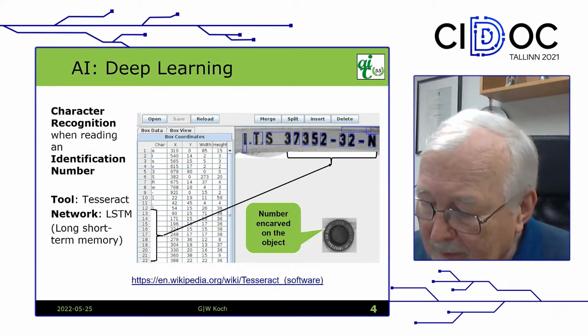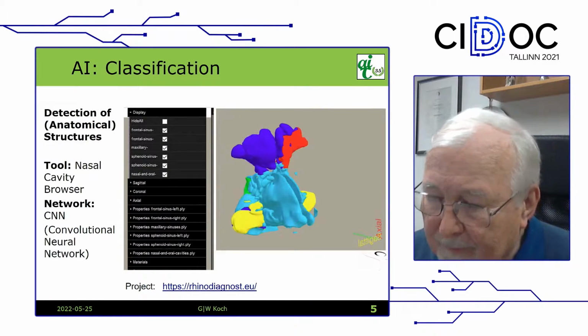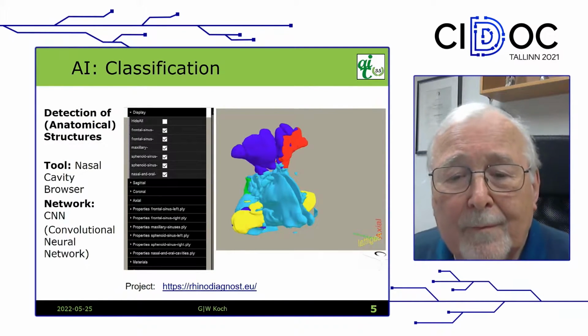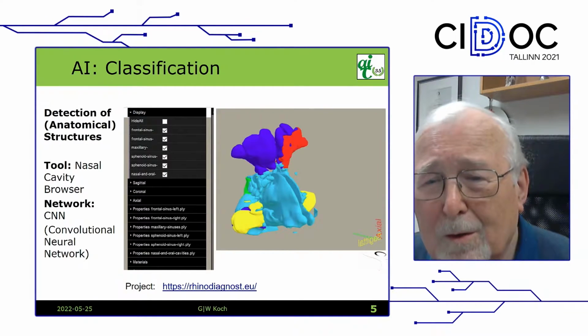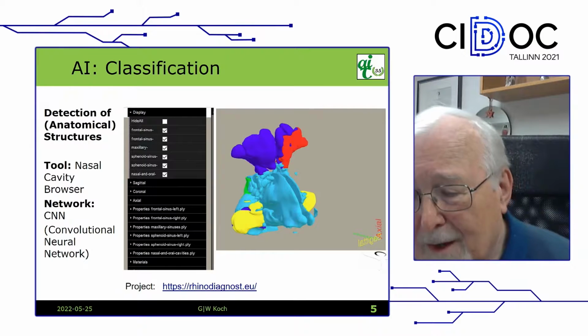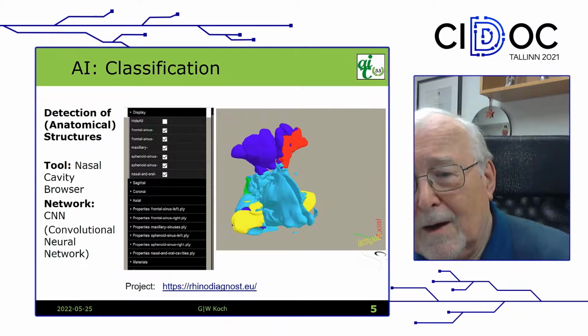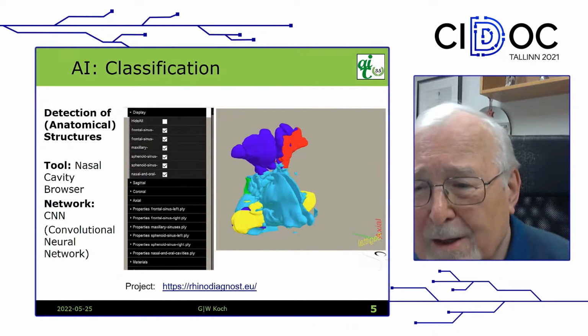Another example of how you can use artificial intelligence, for example in paleontology or on archaeological sites, is to identify substructures.